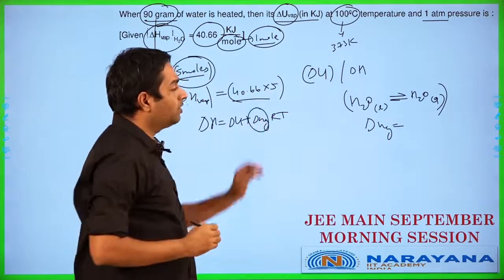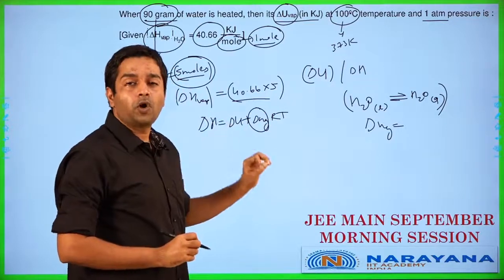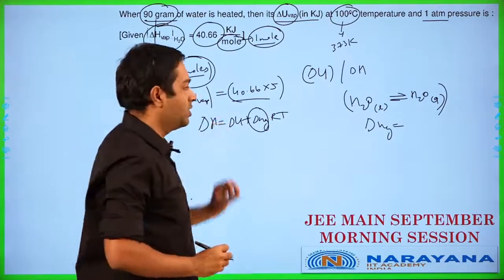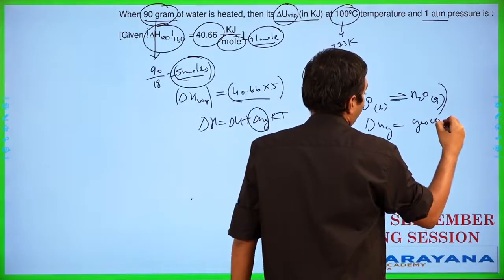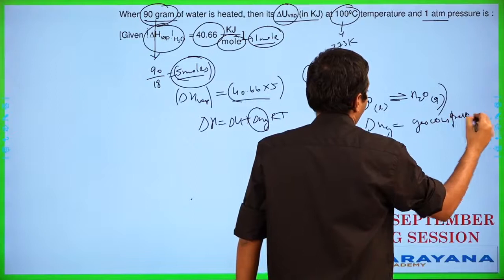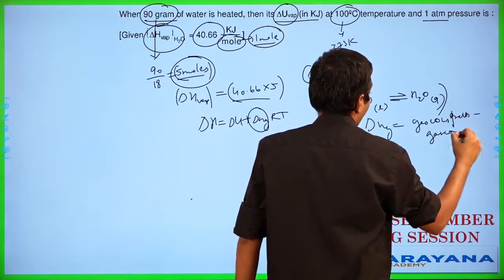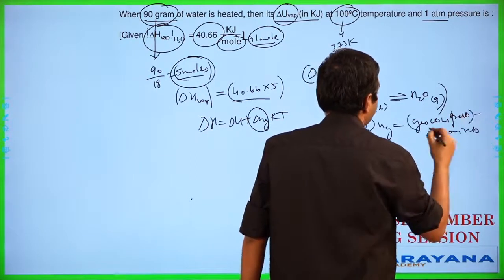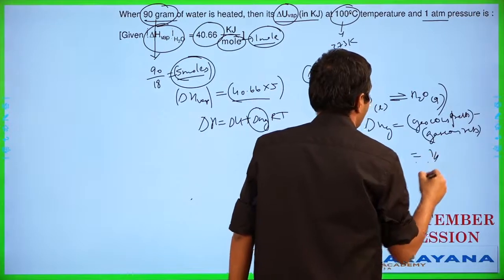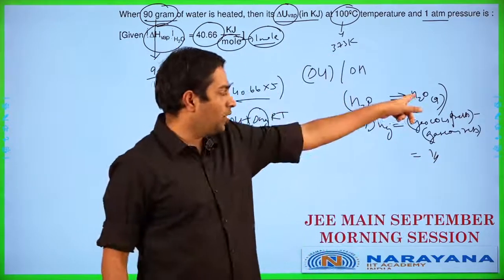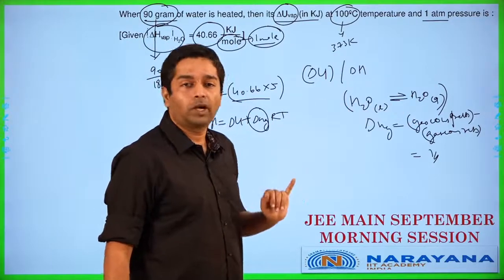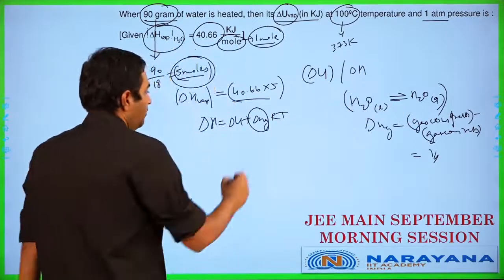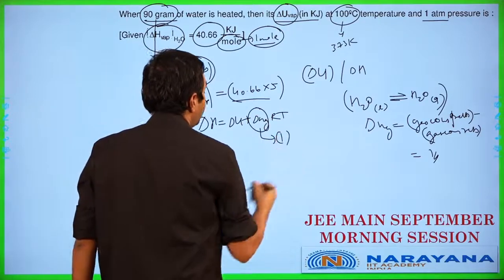Delta Ng is nothing but number of moles of gaseous products minus number of moles of gaseous reactants, which of course works out as 1 in this case. As you can see, there's 1 mole of product and 0 moles of reactant. So we end up having 1 mole of product alone to be taken into account. So we have delta Ng value as 1 in this case.